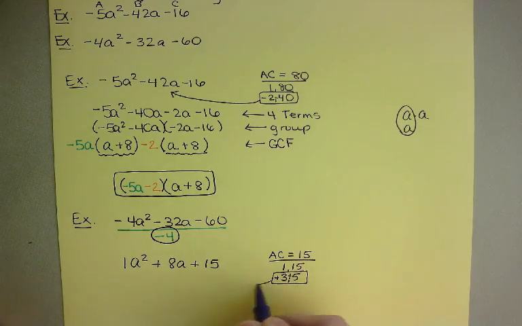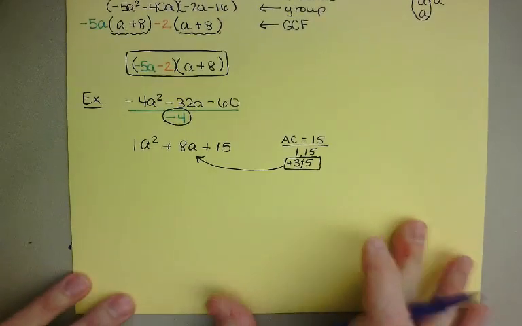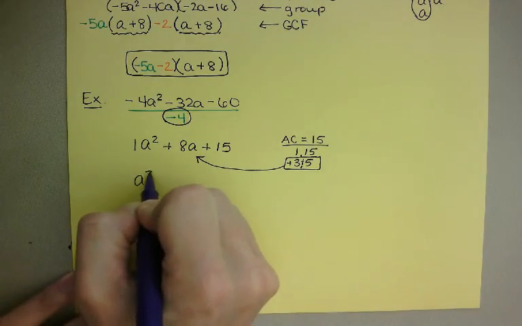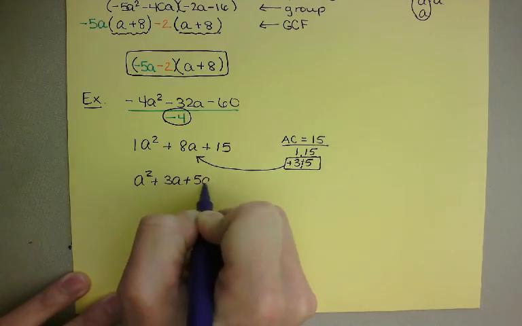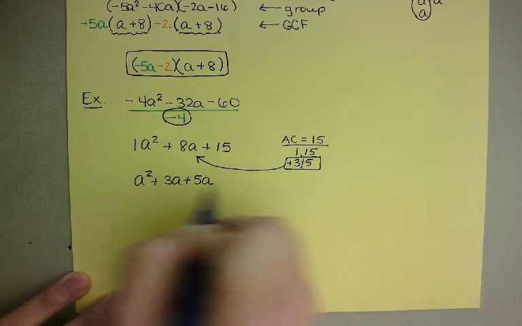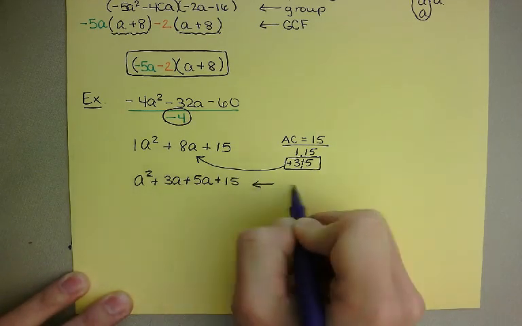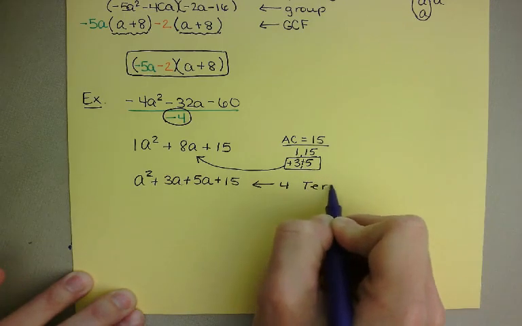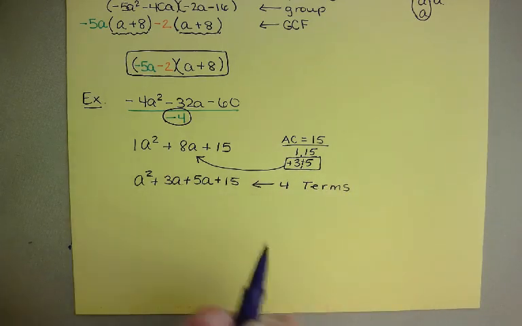Now I'm going to replace the 8a with a 3a and a 5a. So I'm going to say a squared plus 3a plus 5a, that's still 8a. I've just broken it into 2 pieces, so now I have 4 terms. Again, you could have put 5a first and then the 3a, it would still work out.